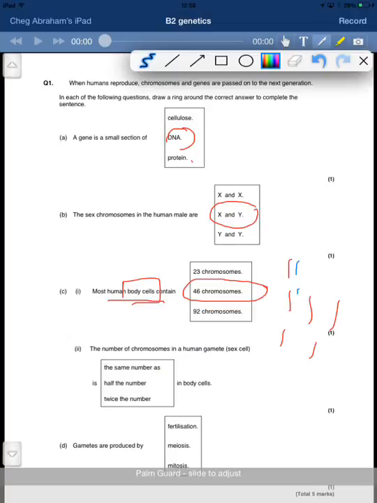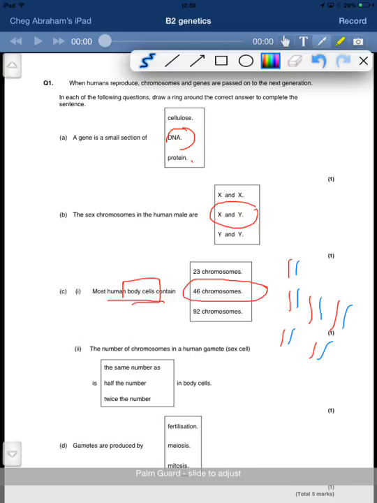The reason they're in pairs is that the red ones might have come from the woman in the egg, and the blue ones might have come from the father in the sperm. So 46 chromosomes is made up of 23 chromosomes from the mother and 23 from the father, and therefore there are 23 pairs.